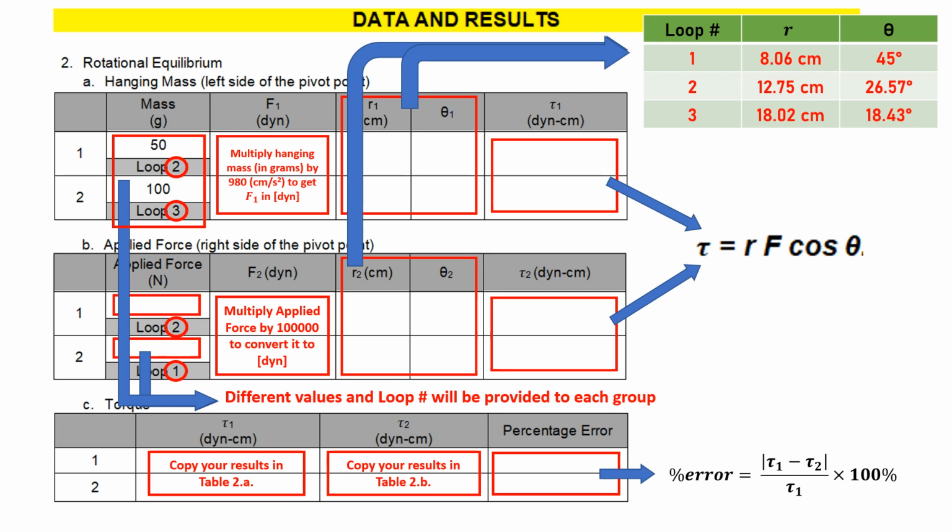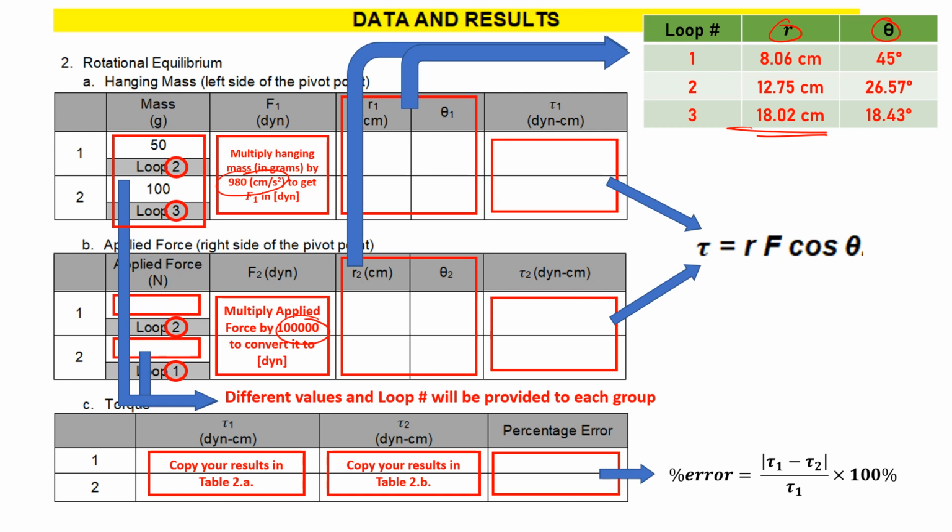Anyway, we have these formulas. We have different values for the loop, and the loop number will be provided, so that can be seen on the table. The value of R and the value of theta depend on the loop number. The value of F1, we should multiply by 980 centimeters per second squared. For F2, you need to multiply by 100,000 to convert the Newton into Dyne.